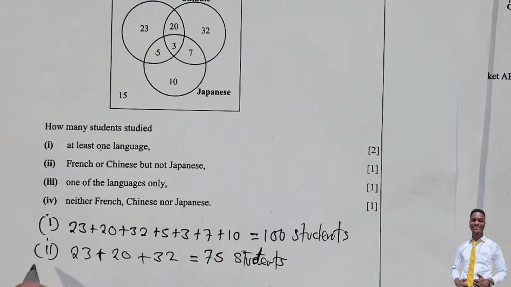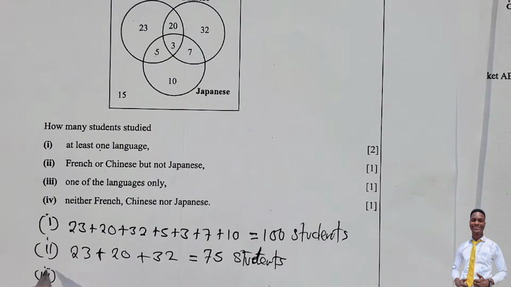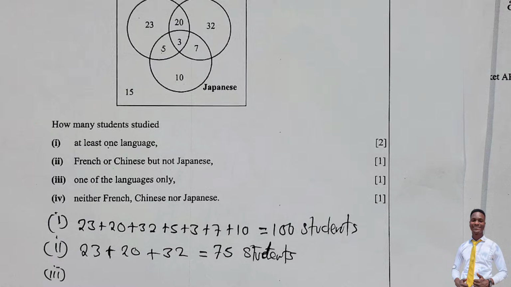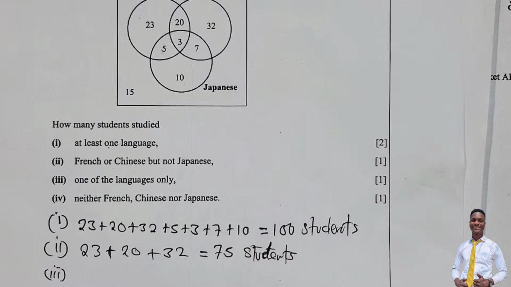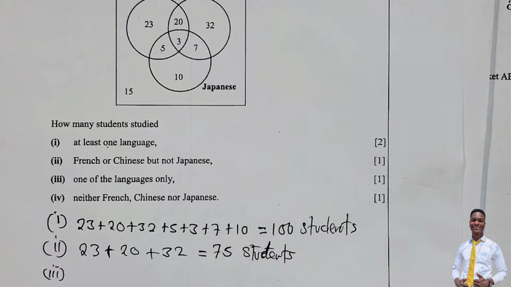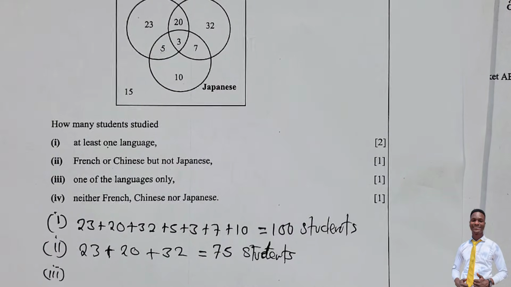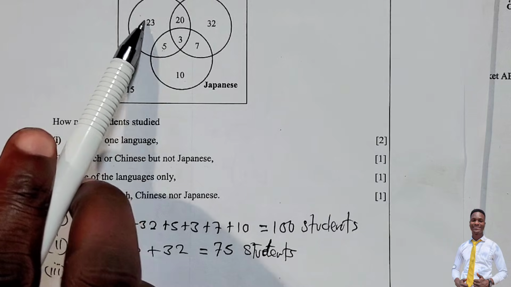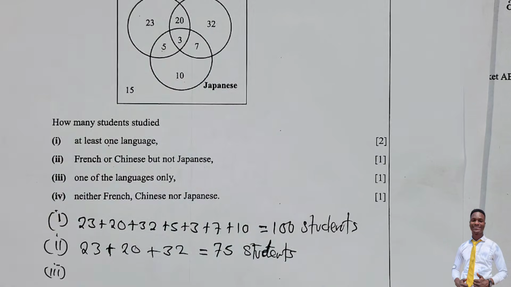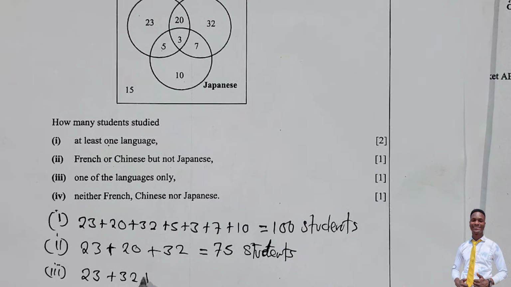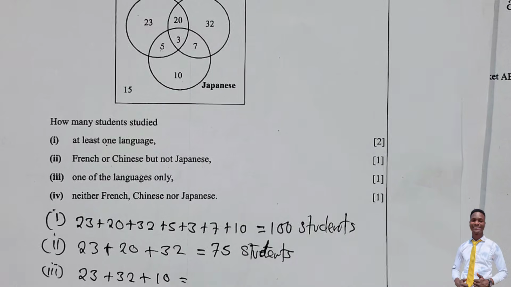All right. Number 3 is saying, how many students studied one of the languages only? We can see 23 studied French only, 32 Chinese only, 10 Japanese only. Let's add these 3: 23 plus 32 plus 10.